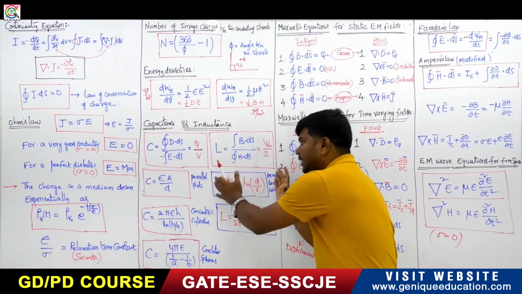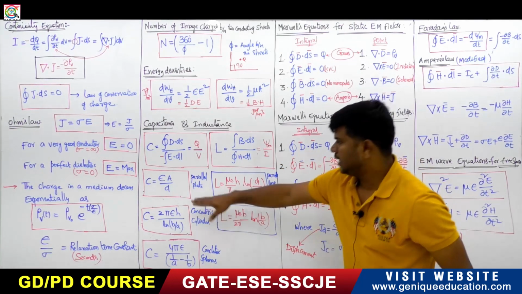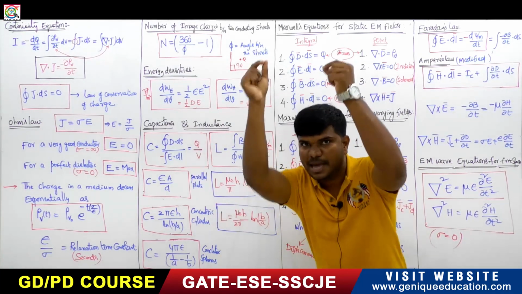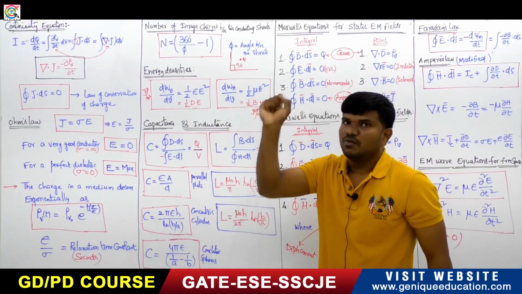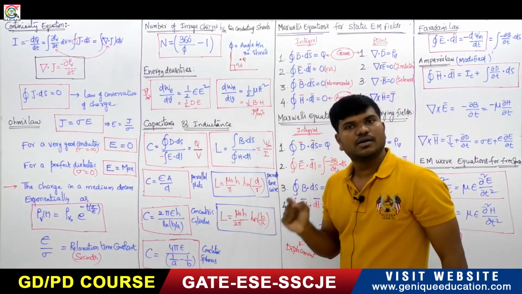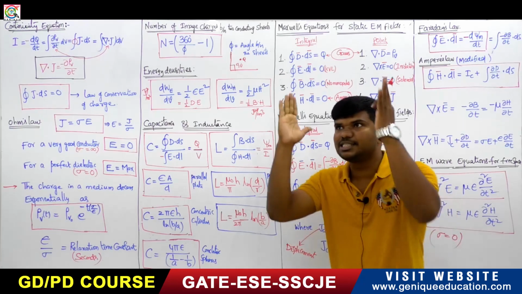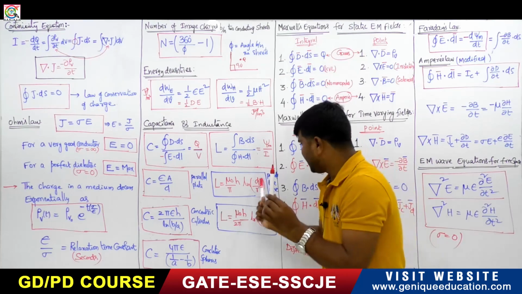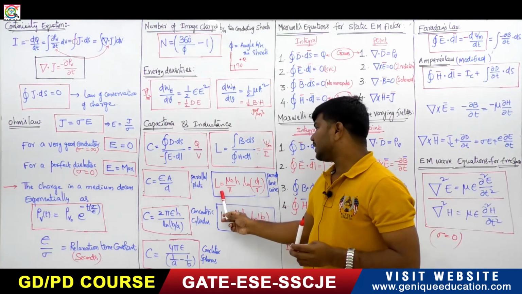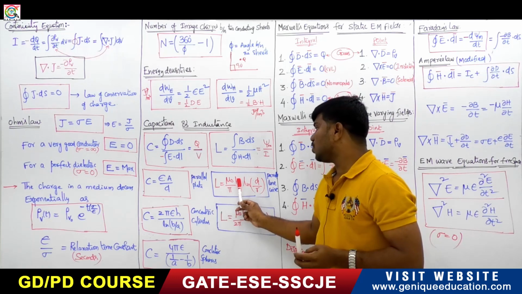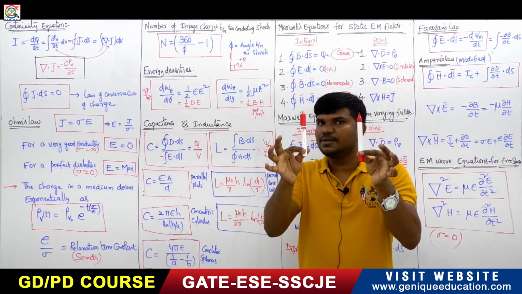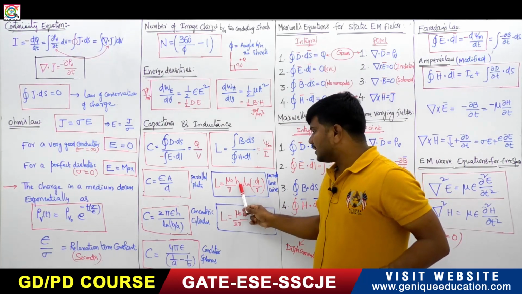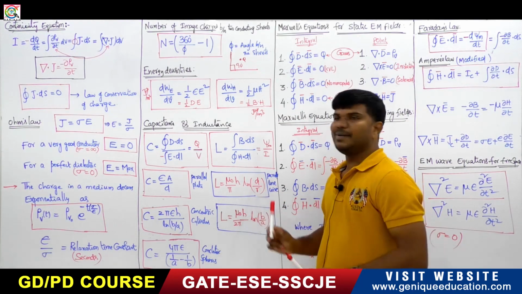If you come to the inductance for the parallel line wire, here I have taken the parallel plate, here I have taken the parallel line wire. If there are two parallel line wires, with the radius of each wire small r, and the distance between the two wires d, then the inductance is defined as mu naught divided by pi into h, where h represents the length of the wire, into ln of d by r.